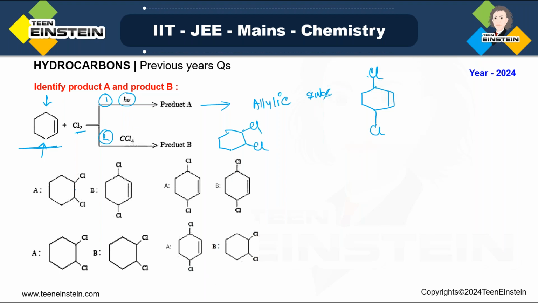Now look at the options. Here option A is basically reverse. In the second option, both the products are the same. In the third option, both the products are the same, but both of the reactions will not generate the same product. It is the last option which is the correct option, because it has correctly recognized the actual products.